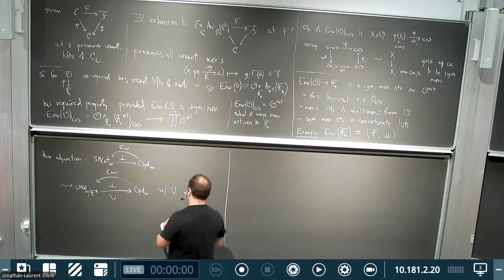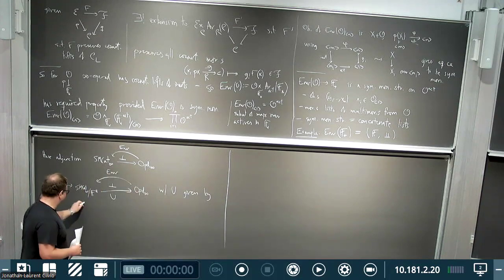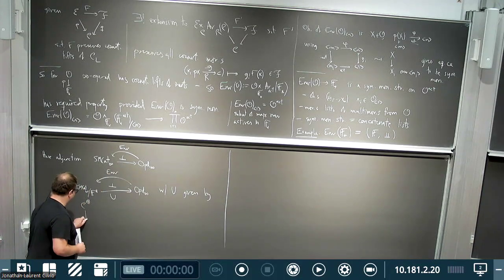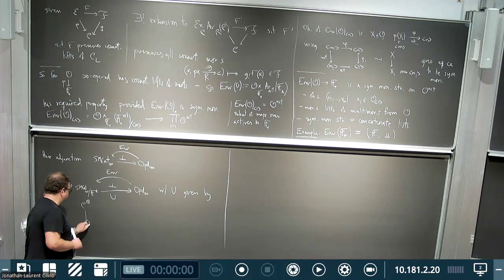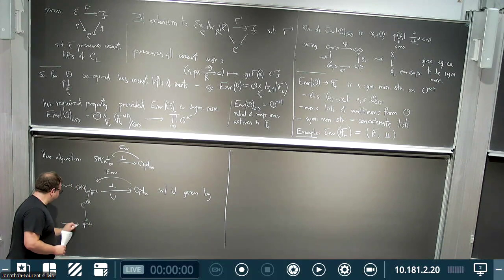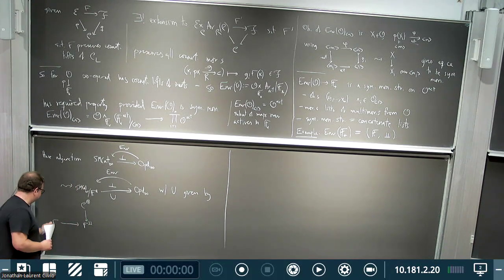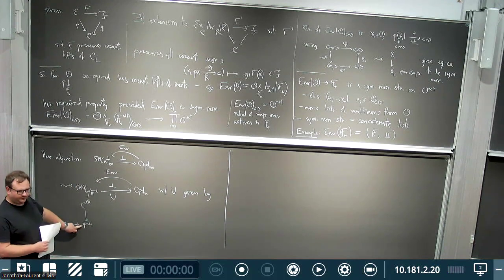I just have to modify it a little bit, namely this U will be given by taking a symmetric monoidal category, C tensor, over F product. Well, for my adjunction, I have a unit map from finite pointed sets into F product.